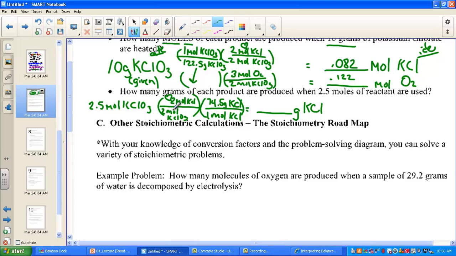So starting at the mole places us right in the heart of our problem. We're ready for the ratio. 2.5 times that ratio of 2 over 2 times the molar mass of 74.5, and we have produced 186.25 grams of KCl.